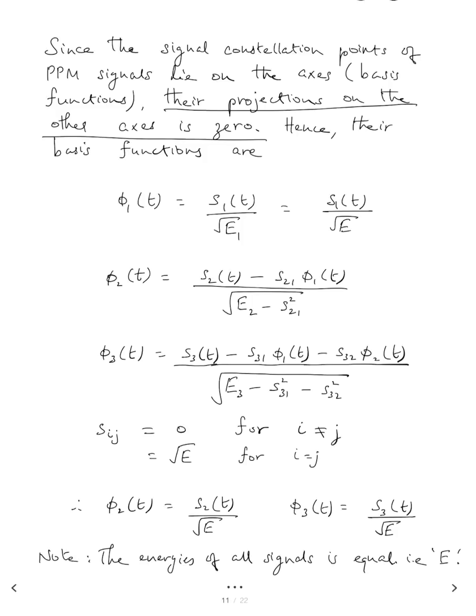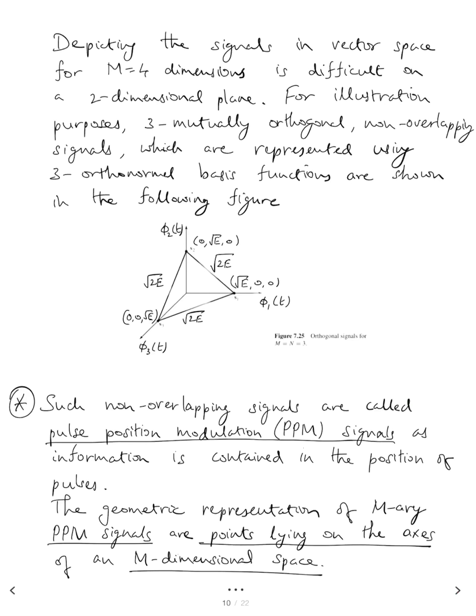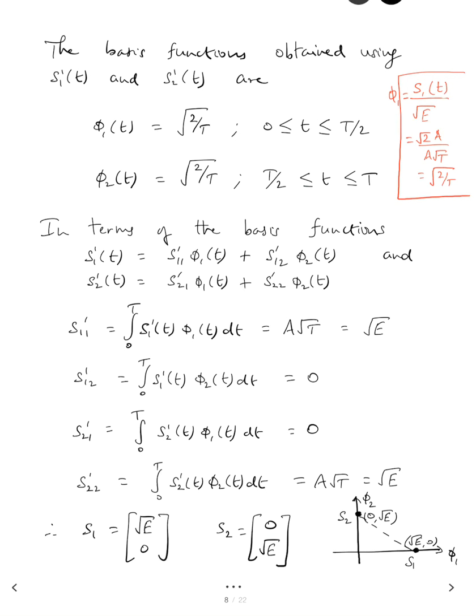So each of these signals S1 of t will have an amplitude A root M, but they will all have a fixed energy of A squared T. So by applying that, you will see that the basis functions simply have a value root of M by T. For example, for M equal to 2, it's root 2 by T. For M equal to 4, it is root 4 by T, and the durations will be from 0 to T by M, T by M to 2T by M, and so on and so forth.